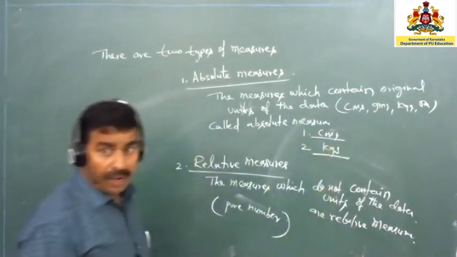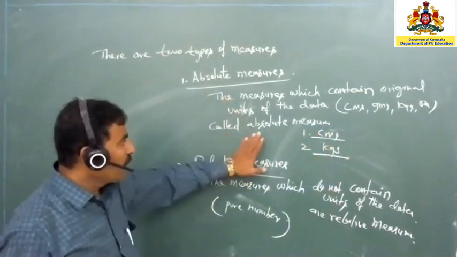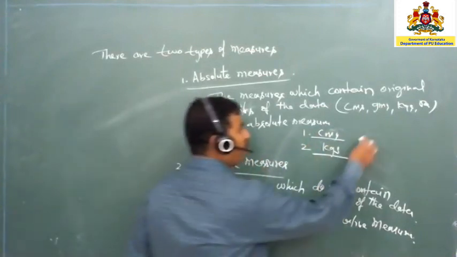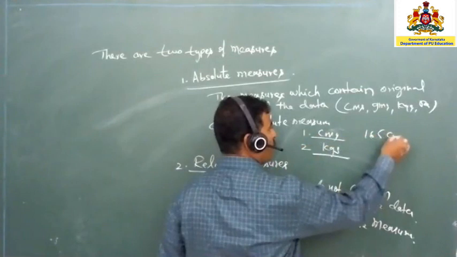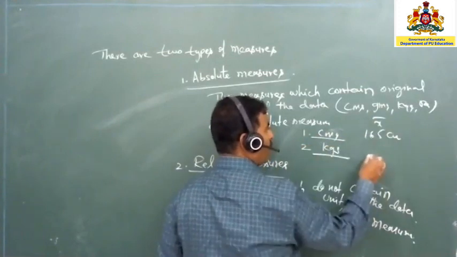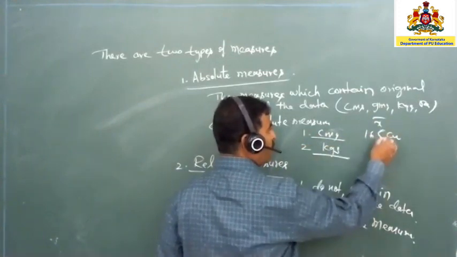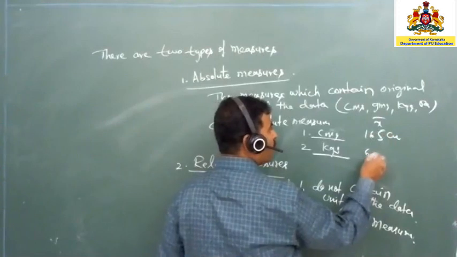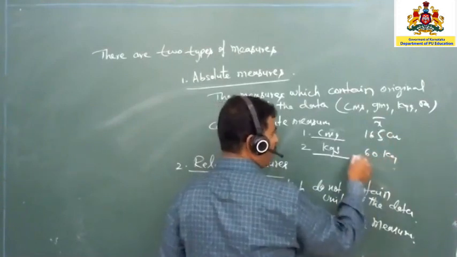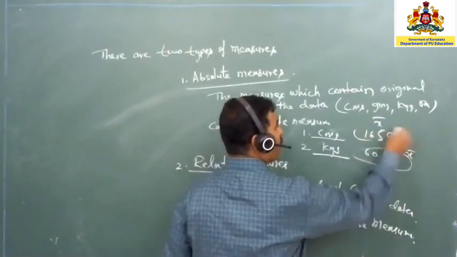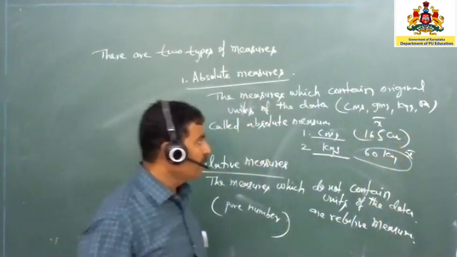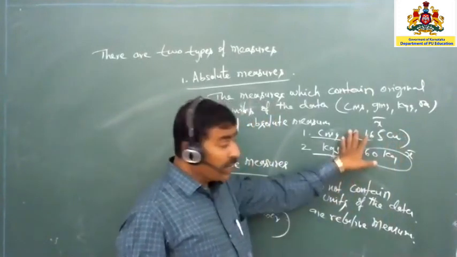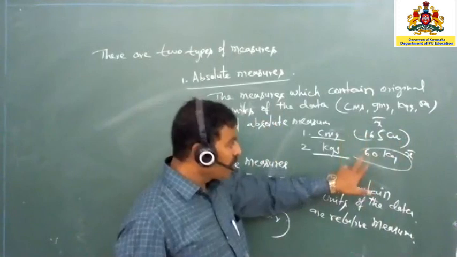If the data has different units, it is not used for calculation. Mean, for example x bar, 165 centimeters here, 60 kgs here. Mean values are there, but we cannot compare because of different units.